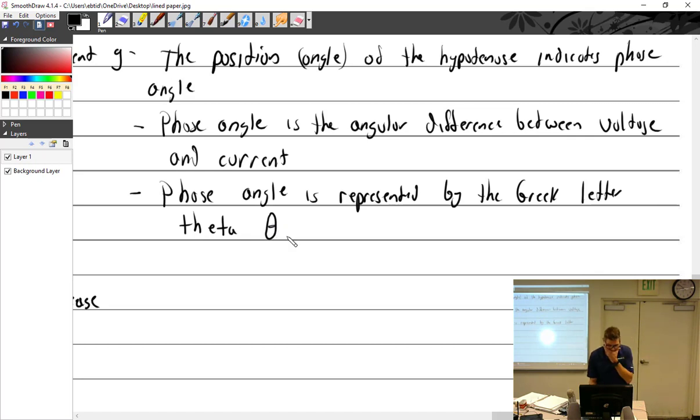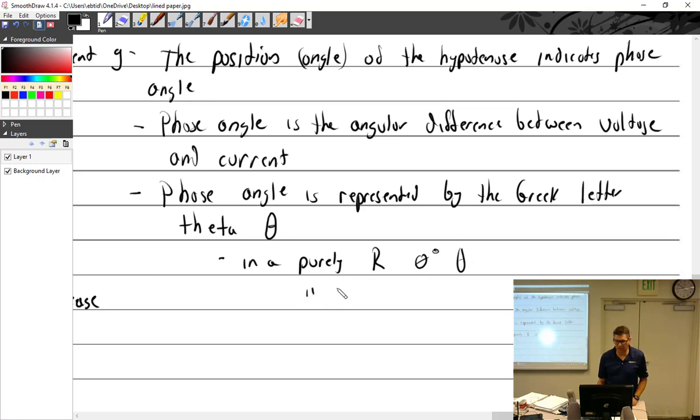Theta. So we know a couple of things. In a purely resistive circuit, purely R, phase angle will be what? 0. All right. 0 degrees theta.